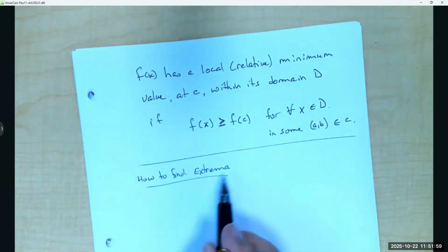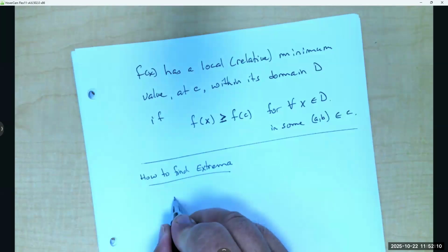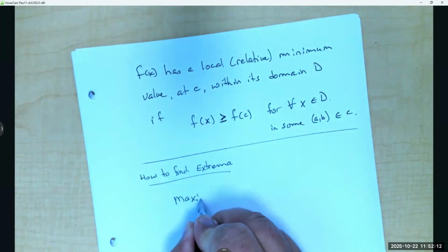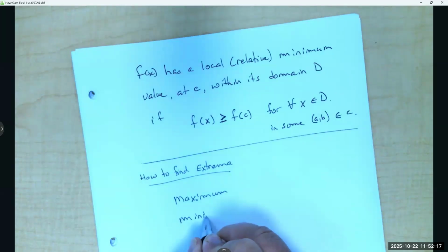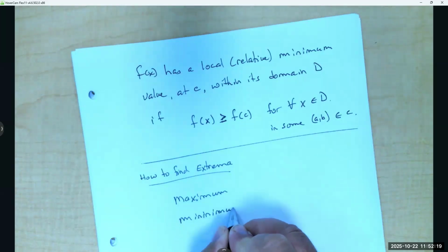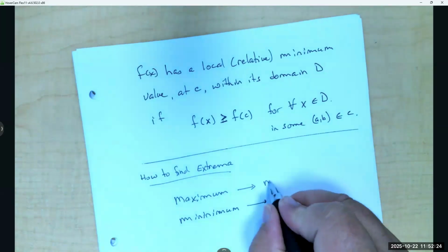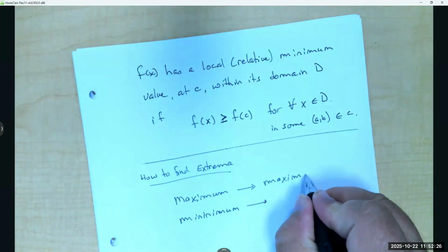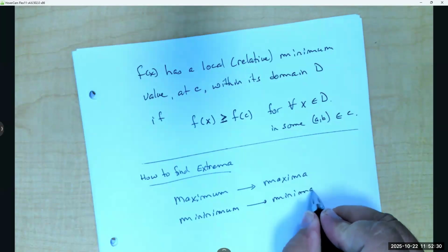Okay, what is an extrema? What does extrema mean? Because we talked about maximum and minimum, maxima and minima.